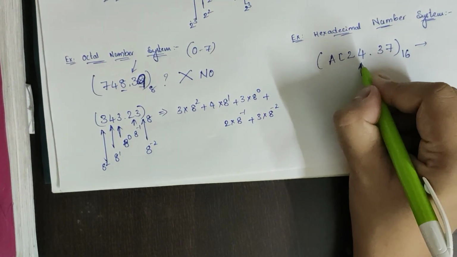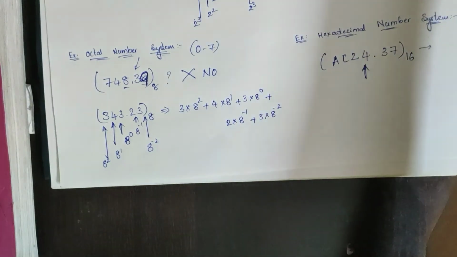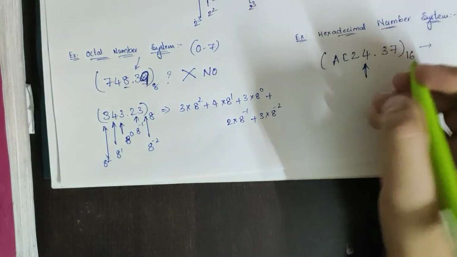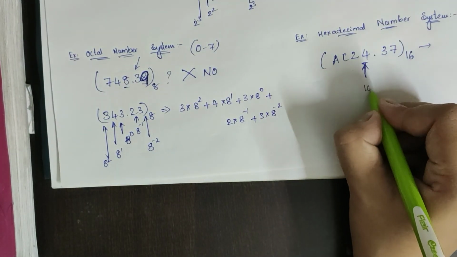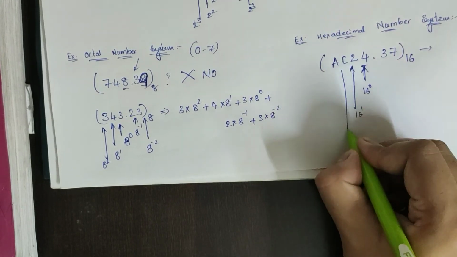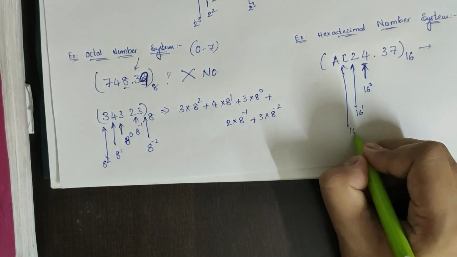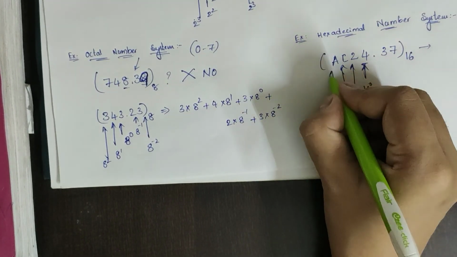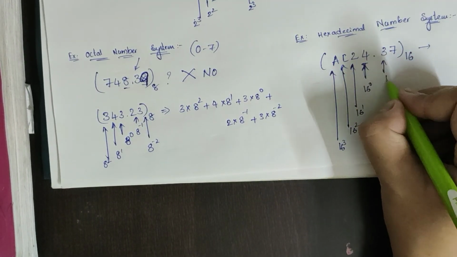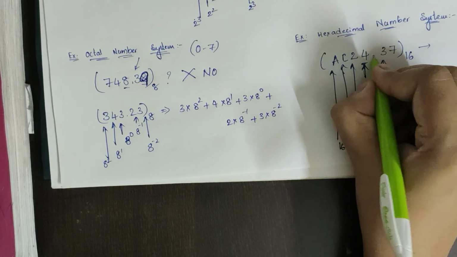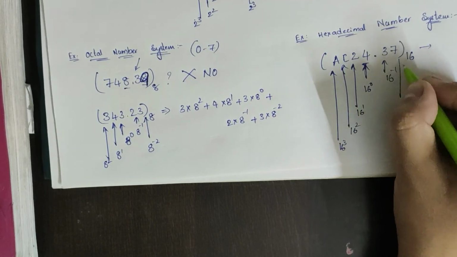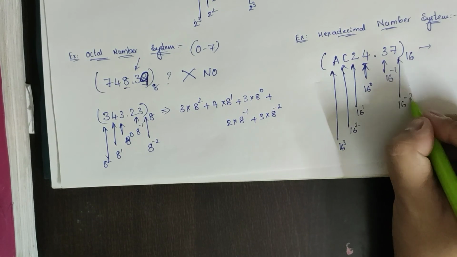So the weight, I told you already, we call it weights. The weight for the first digit is 16 power 0 and the next digit is 16 power 1. Next, for C it is 16 power 2 and for A it is 16 power 3. For 3, that is after the decimal point, for the fractional digits, it is 16 power minus 1 and 16 power minus 2.